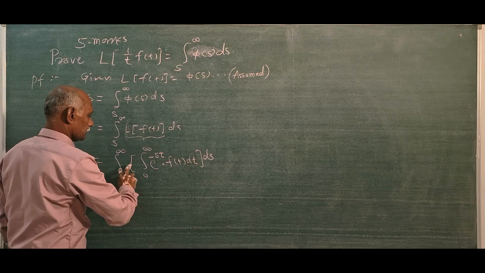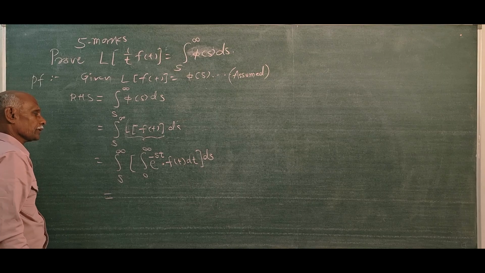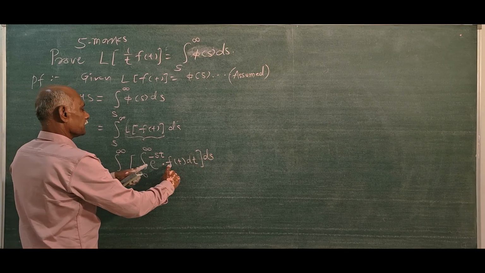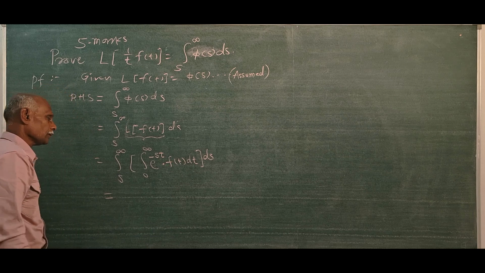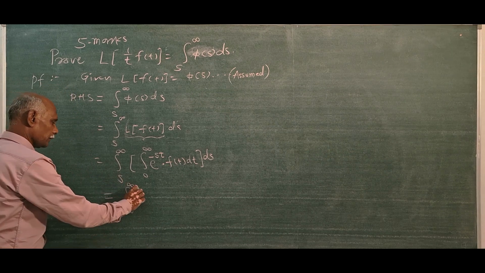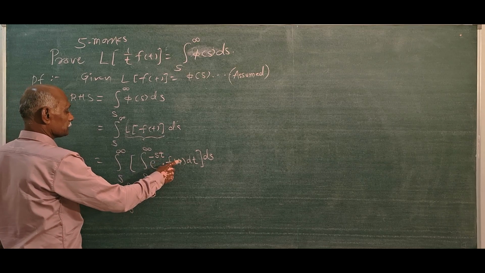You can see double integration. Now there are two integrations. This integration is with respect to s, and this integration is with respect to t. So we change the order of integration, 0 to infinity, and then what we do is this integration is with respect to t.